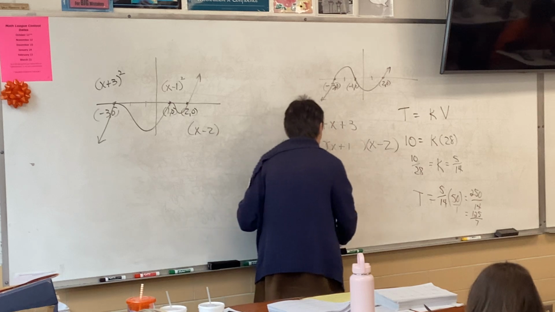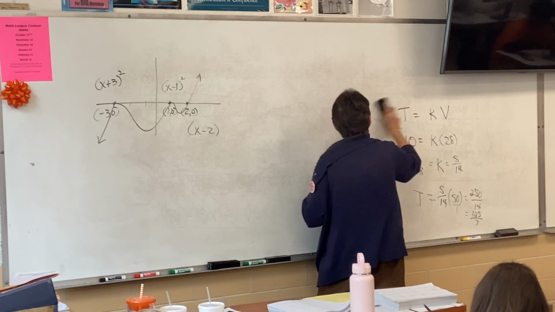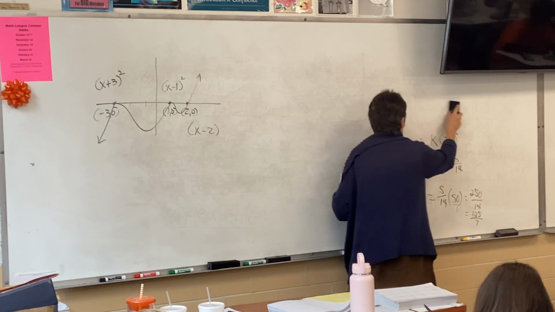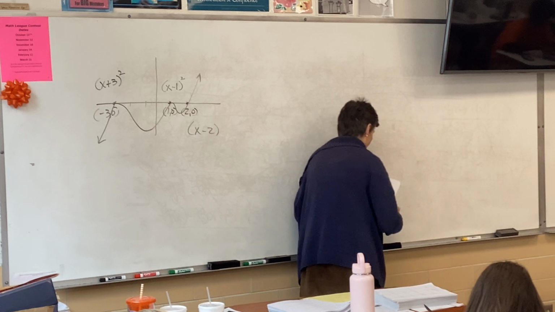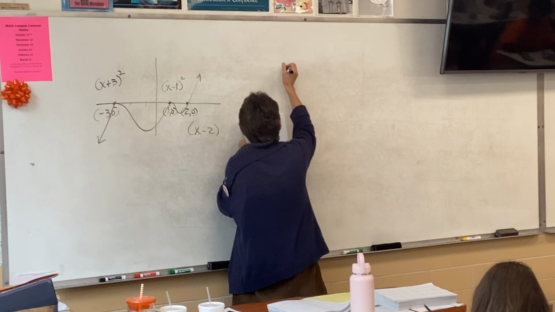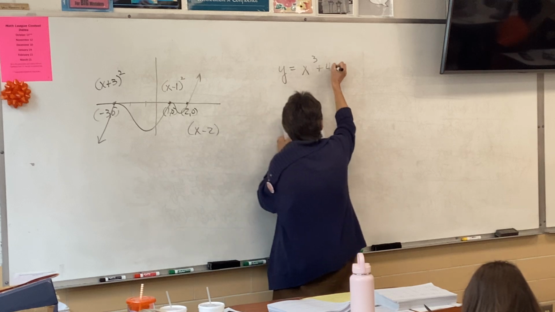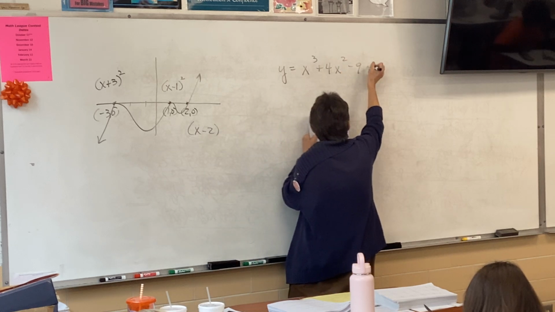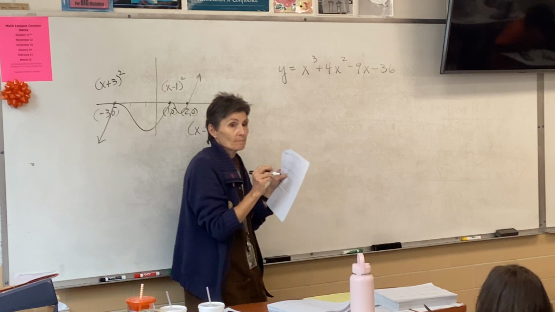Number 8 is the same thing, except it has to be factored first. Take a look at it. What do you notice about number 8? We can factor by grouping.